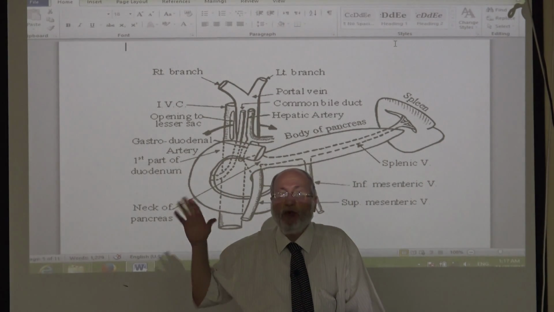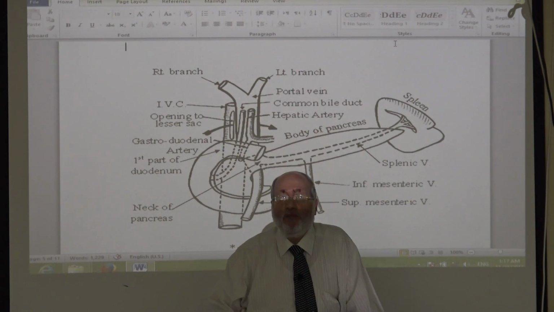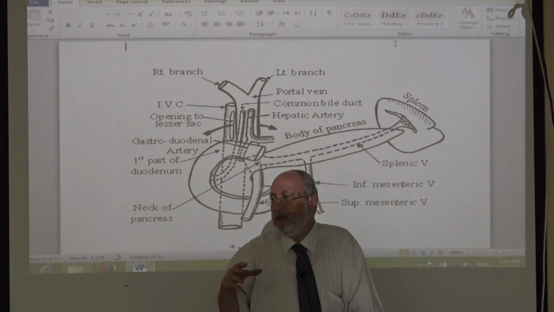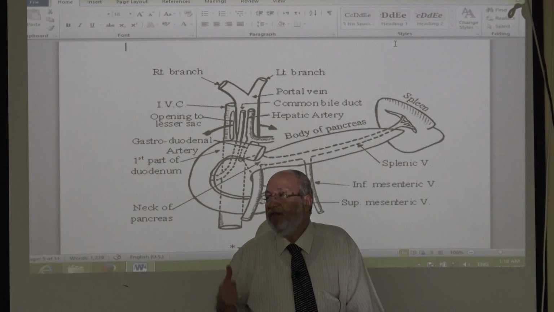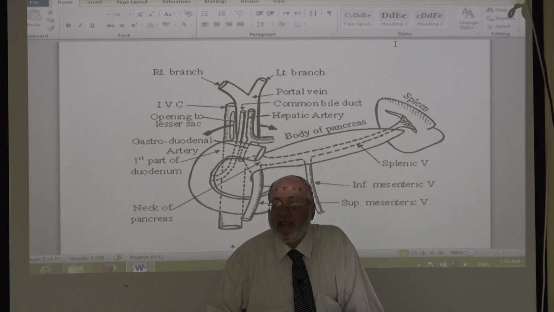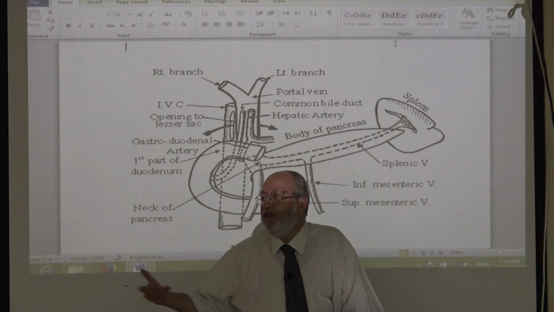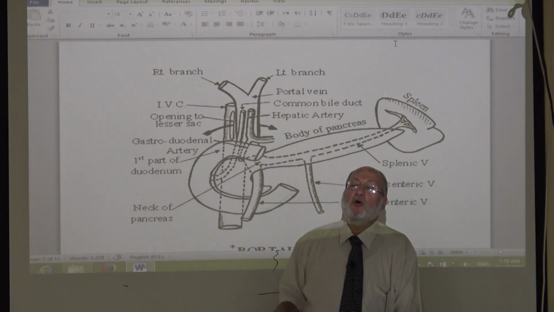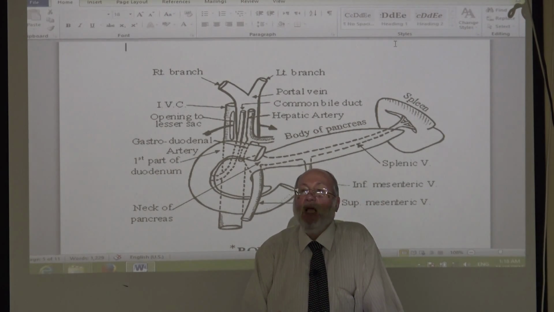But this is not done nowadays because when the portal blood goes to the systemic circulation, the liver, which receives its blood supply from the portal vein, loses 75% of its blood supply. Therefore, the liver function will deteriorate, leading to liver failure and death. But this is the principle of the old operation called portocaval shunt.